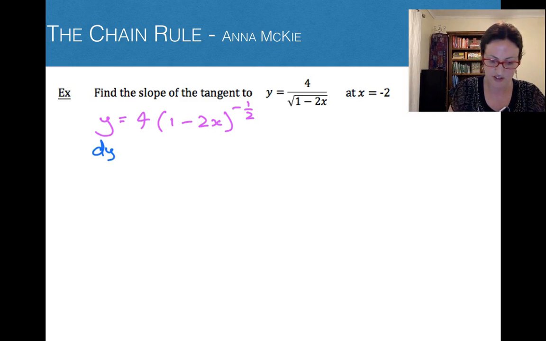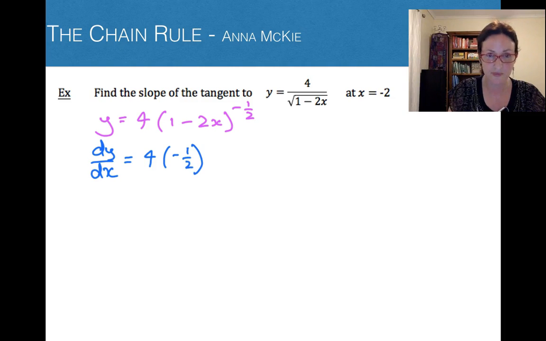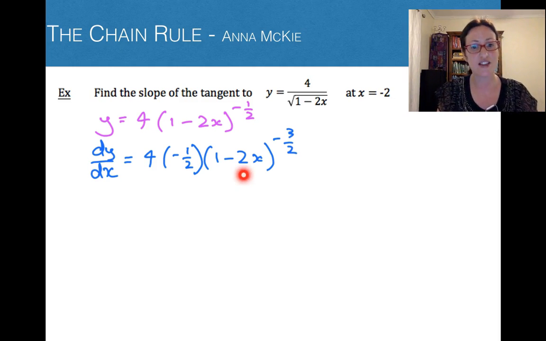So the derivative is dy by dx. So we leave that 4 there and bring the power down out the front. So we're going to have 4 times by negative 1/2. Copy and paste the inside. Lower that power by 1. So we get negative 3 on 2, and then differentiate the inside here. So you'd get a negative 2.